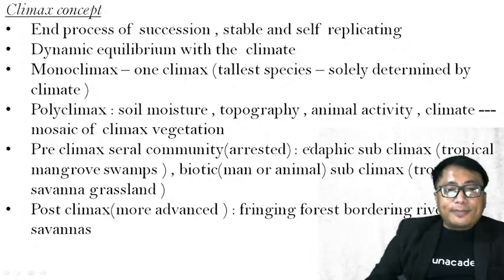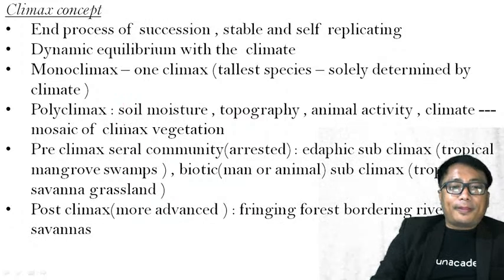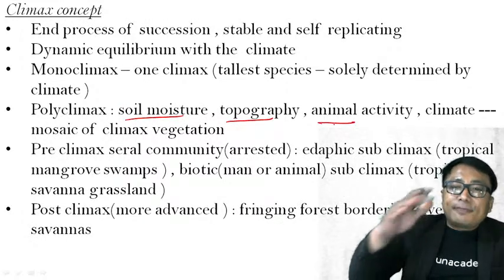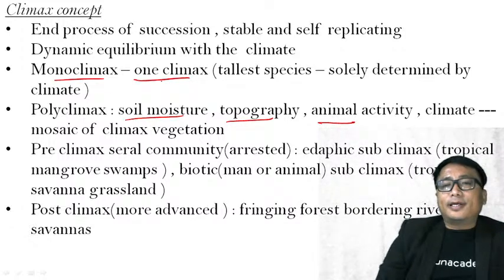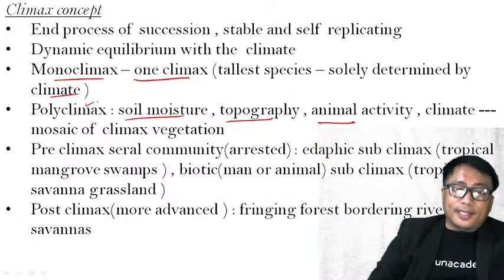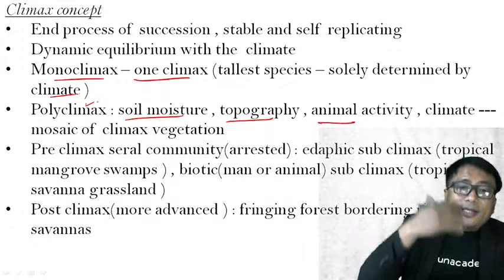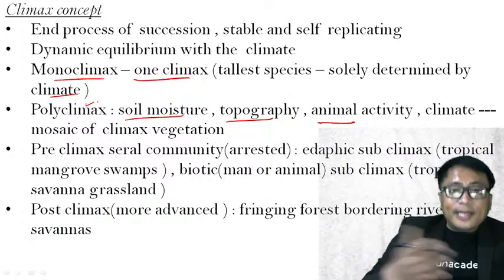Which means the species is determined by soil moisture, topography, animal activity, multiple factors. In the monoclimax, I have only one climax, which is solely determined by the climate. But in polyclimax, there will be multiple climax stages, and they are determined by soil, topography, animal activity, and so forth.